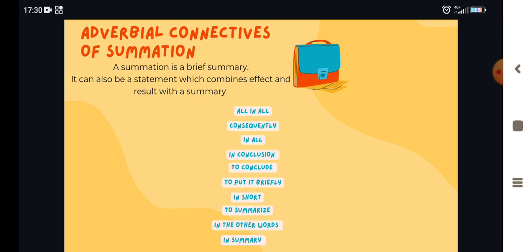Maybe we can find this kind of adverbial connectives in summaries, especially when we make summaries, and these adverbial connectives are at the beginning of the summary. The most common adverbial connectives are: all in all, consequently, in all, in conclusion, to conclude, to put it briefly, in short, to summarize, in other words, and in summary.